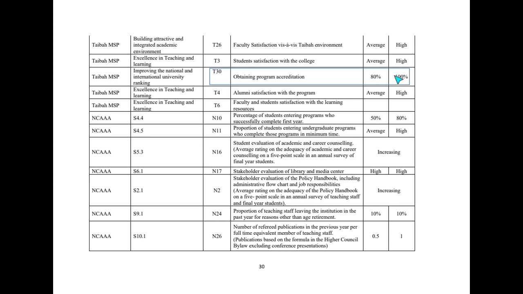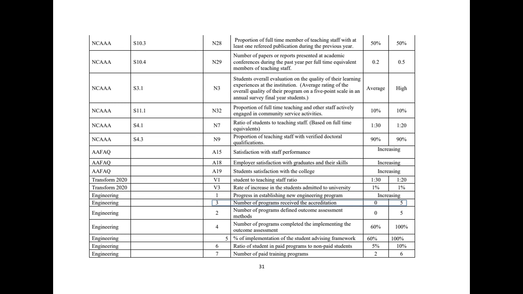Now we're in 2023, and we have more than 80% of the programs accredited: 4 out of 5 programs already accredited in the college. And the other KPI, which is E3, the number of programs that received the accreditation. In 2020 it was 0, and in 2025 the target is to have 5 programs.